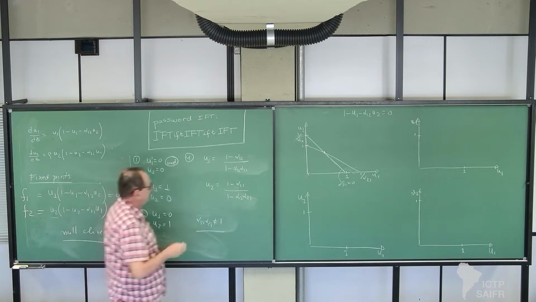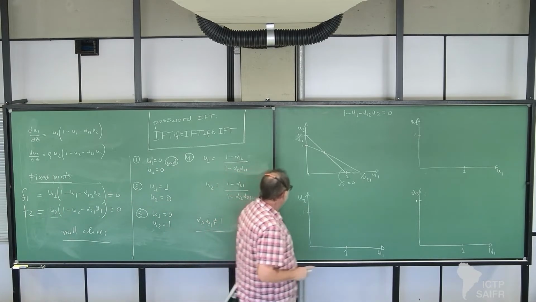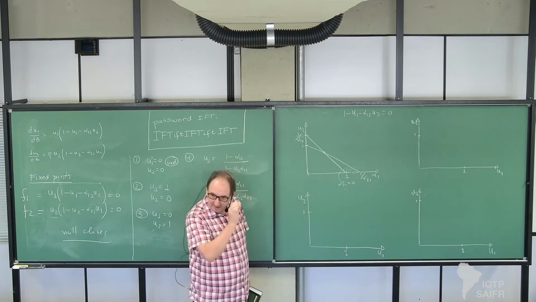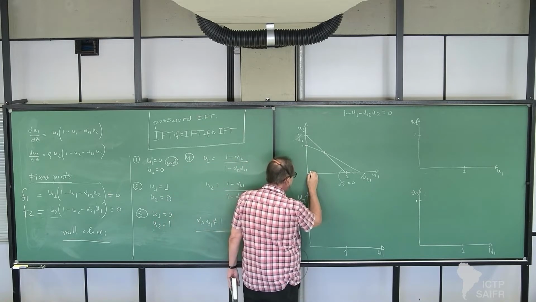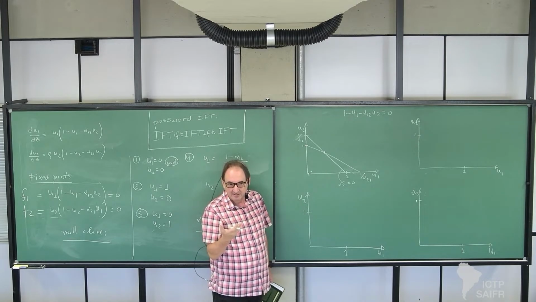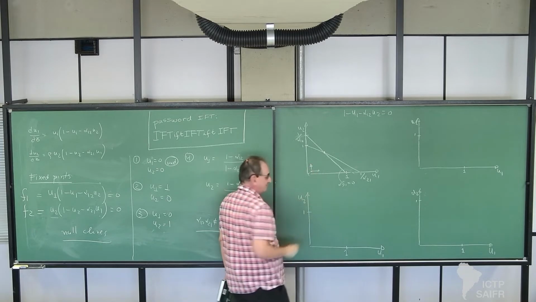So we will now draw little trends, okay? We know that here, if I'm here, population 1 and 2 are growing, okay? So I will show it like this. Both are growing, okay?